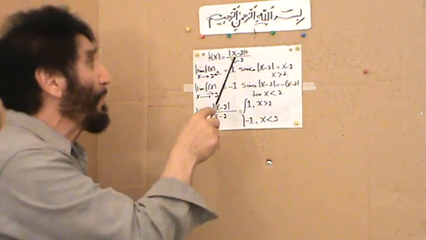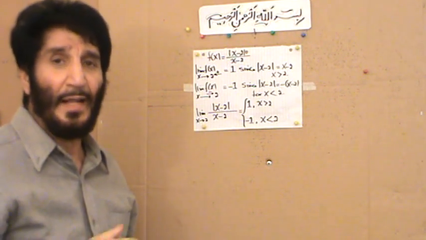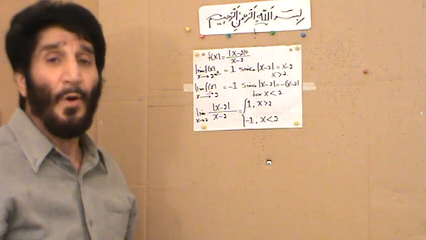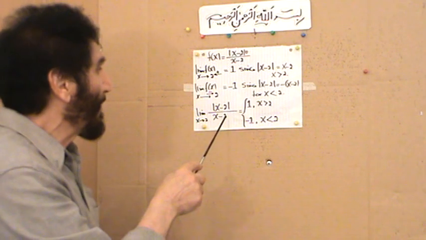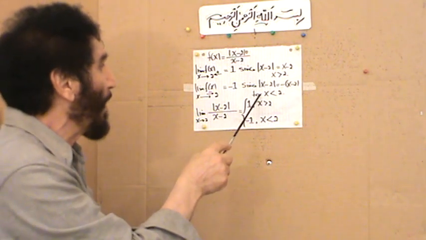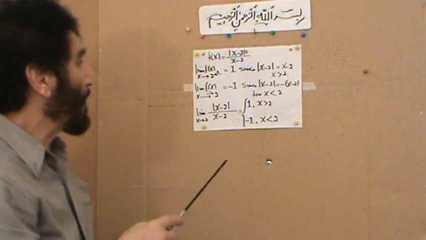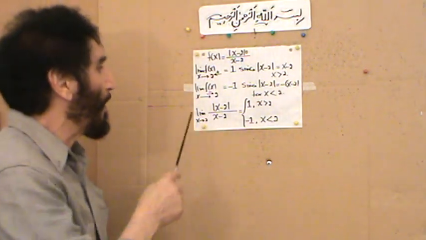The other way to interpret it: because you are giving values for x to the left of 2, 2 minus x will be a positive number. I have written that. Your 2 minus x will be a positive number if you are selecting x to the left of 2. Hopefully you are clear with that.